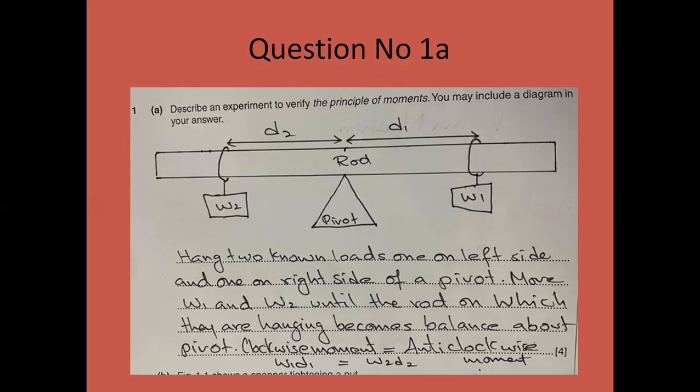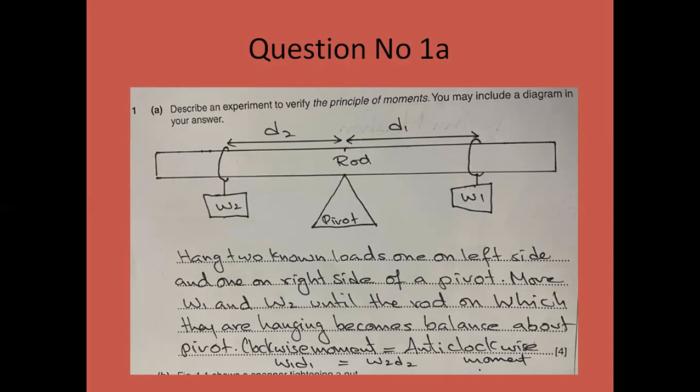And then we take two different weights, and we know their weight, and we hang one weight on the left side of the pivot and one weight on the right side of the pivot with the rod, and then we move both the weights. It's kind of a hit and trial method.